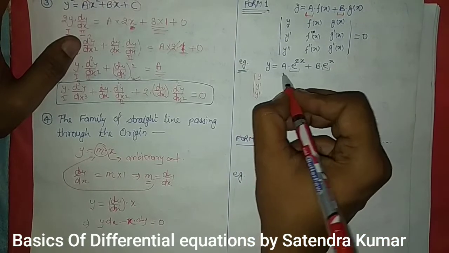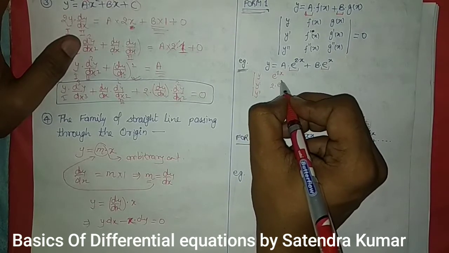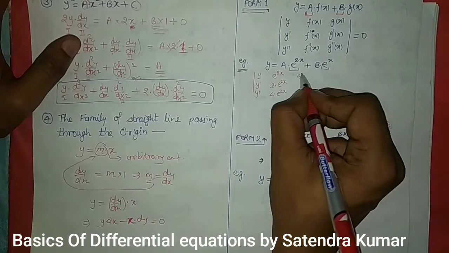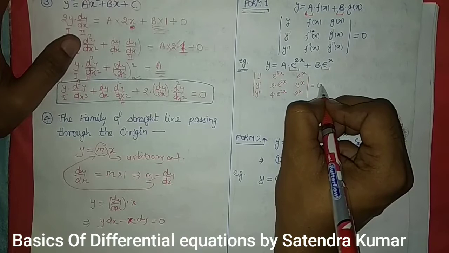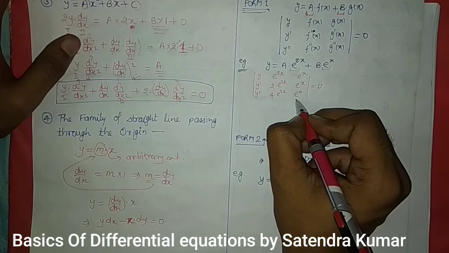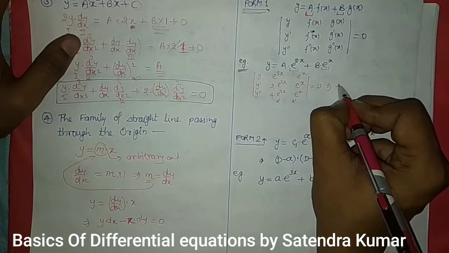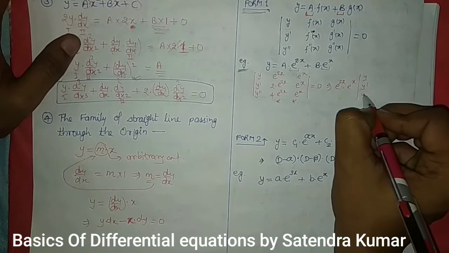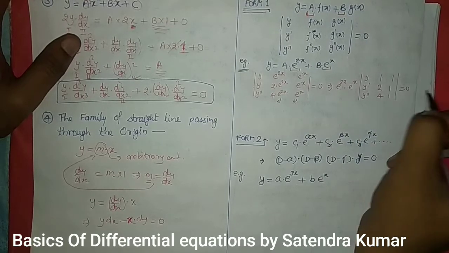So f(x), that is e to the power 2x, first differentiates to 2 times e to the power 2x, and again to 4 times e to the power 2x. Like g(x) is e to the power x, whose first and second differentiation will be the same, equal to 0. If we take common e to the power 2x and e to the power x, the determinant is y, y prime, y double prime, 1, 2, 4, 1, 1, 1, and simply expand it.